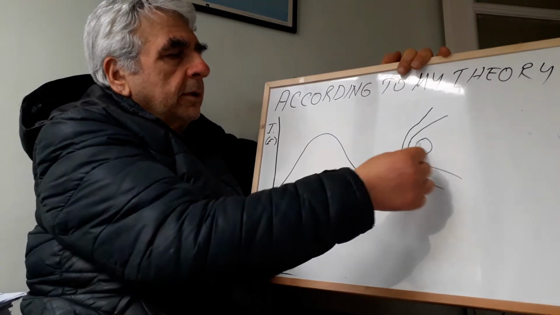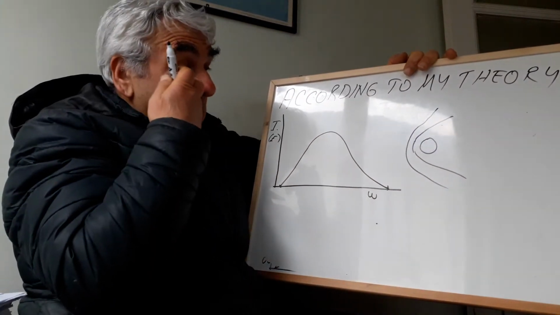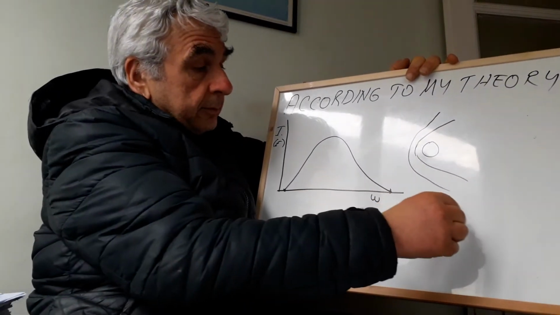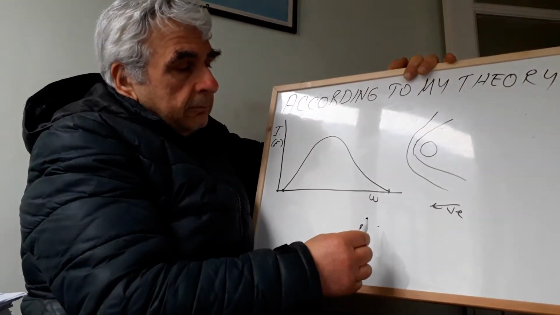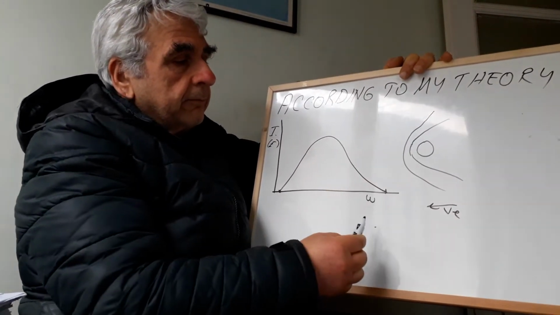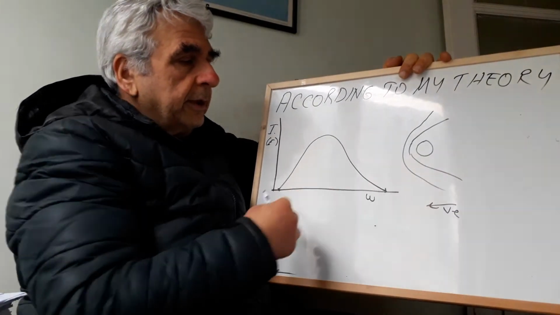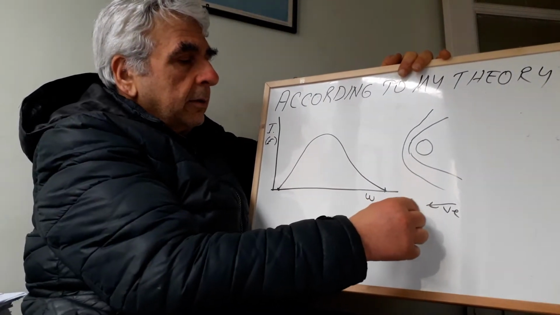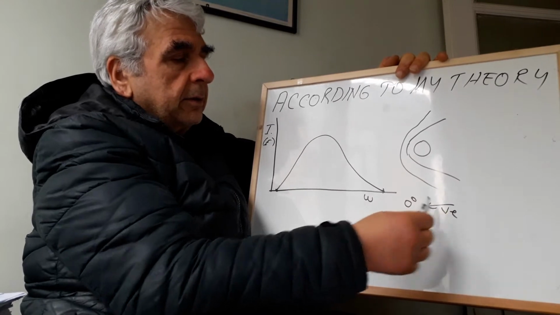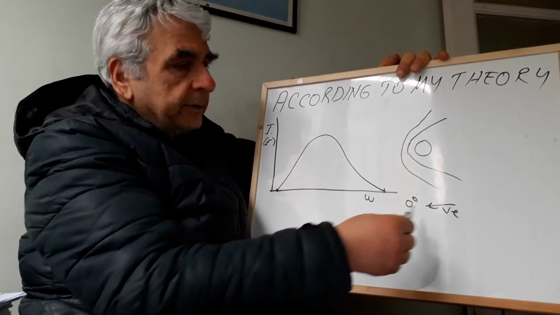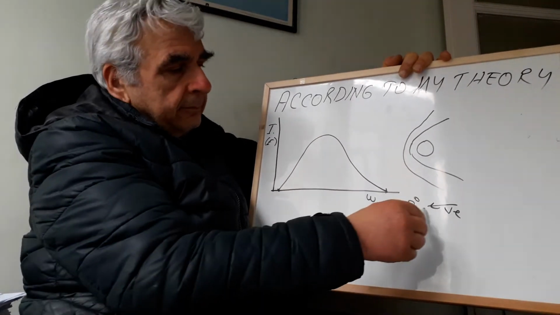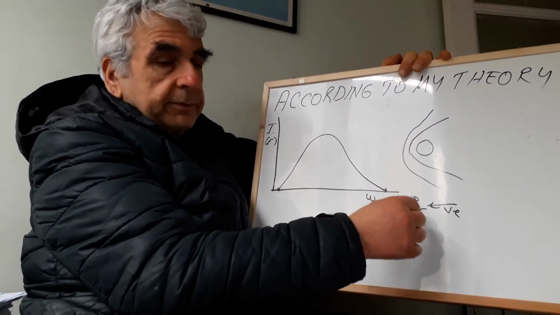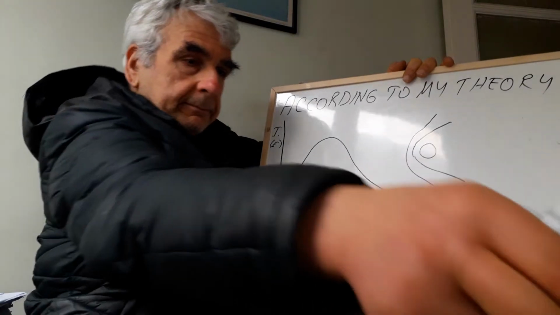Okay, it represents the electron motion form which is relocating at a certain velocity, v e, in the direction of 0 degree.